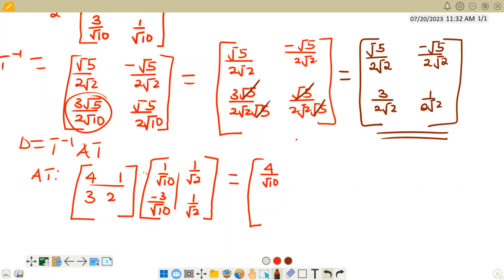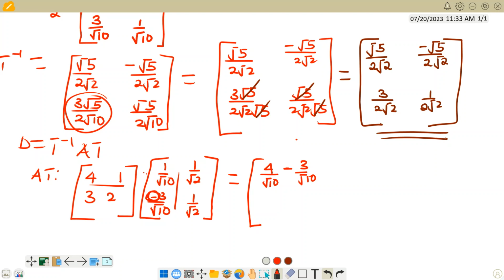Remember it's row by column, so this will actually be minus now. Why? Because that there is negative. So it's more like plus minus 3, which is just a minus. So minus 3 over root of 10 there.